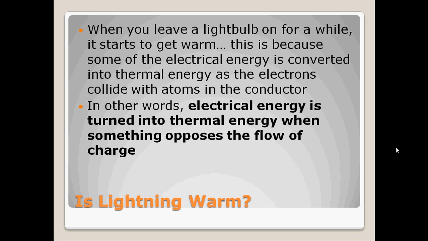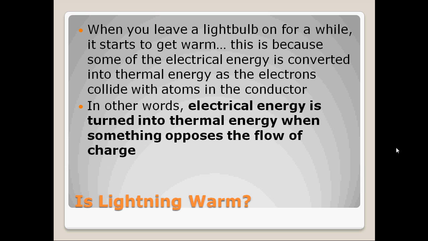Okay, and typically when we talk about something opposing that flow of charge, we're talking about the arrangement of atoms in the wire or in the rubber or whatever material it is that we're trying to get charge to flow through. Okay. Now, not all materials are equal in terms of how much they oppose the flow of charge.